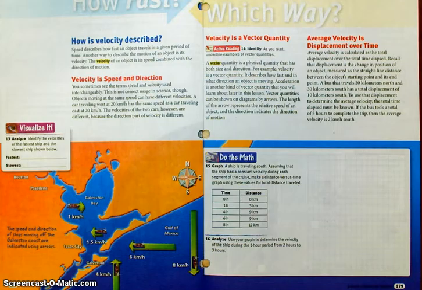A bus that travels 20 kilometers north and 30 kilometers south has a total displacement of only 10 kilometers south. To use that displacement to determine the average velocity, the total time elapsed must be known. So you can see that I can wind up with something very different if I'm talking about displacement versus distance.